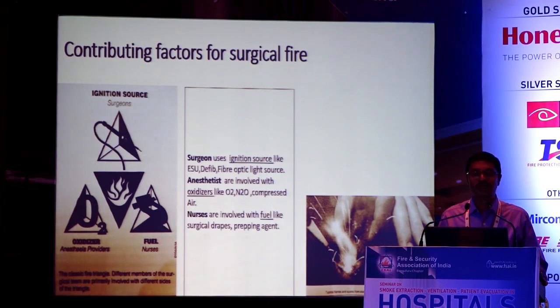One is the surgeon, who is using the ignition source, like the electrosurgical unit. He may be using a defibrillator as and when a patient has a problem. Fiber optic light sources are regularly used to focus when doing a surgery. These are the ignition sources.